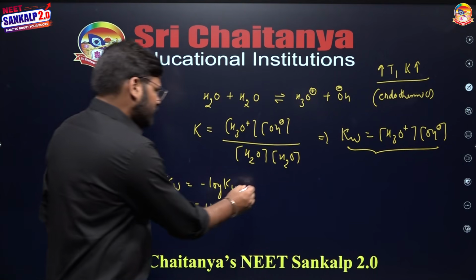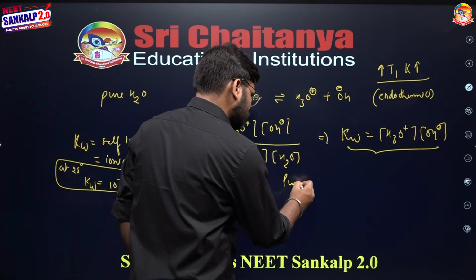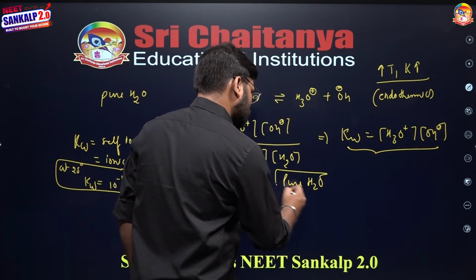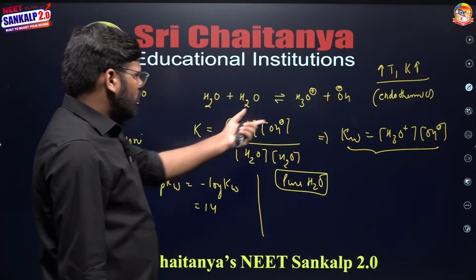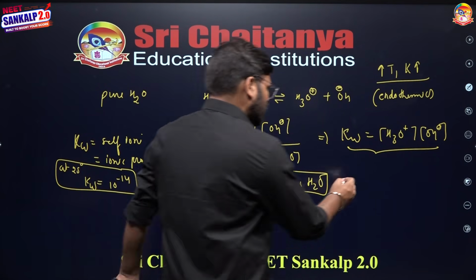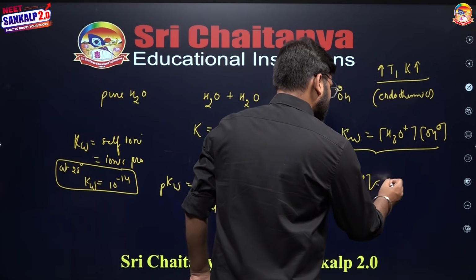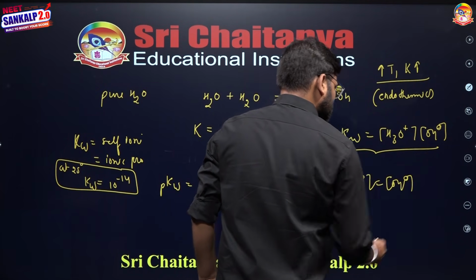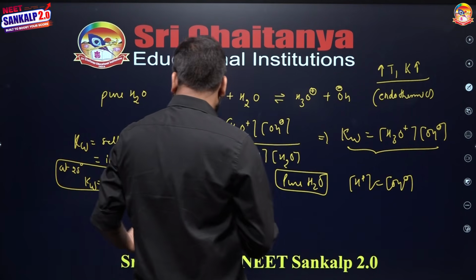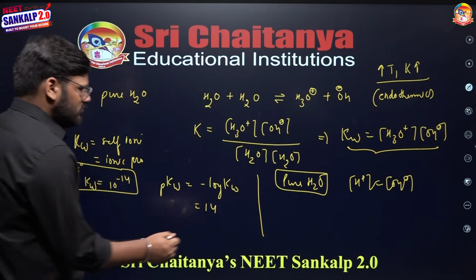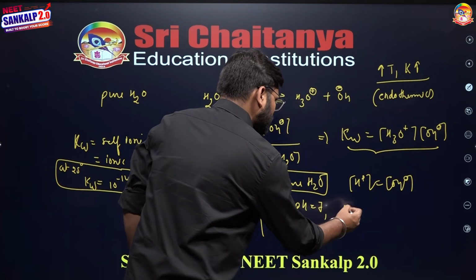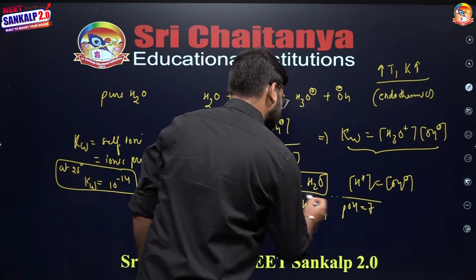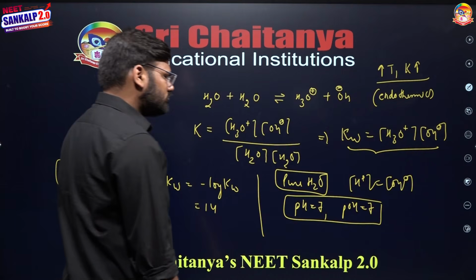So for any pure water, from this expression we can say concentration of H plus will be equal to concentration of OH minus. From pKw we can say that for pure water at 25 degrees Celsius, pH is 7, and pOH is also 7.